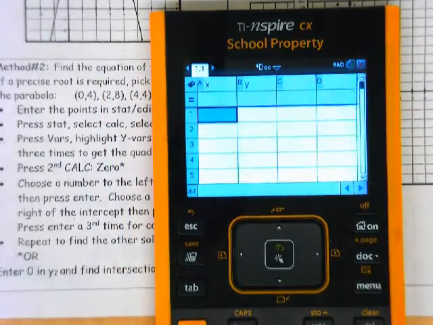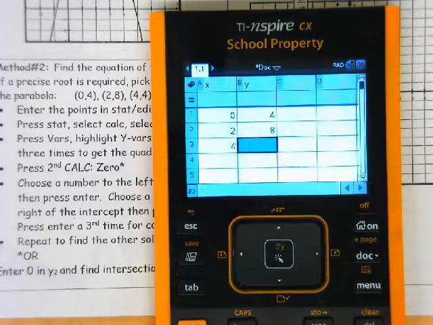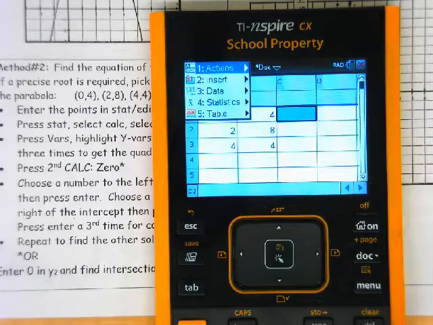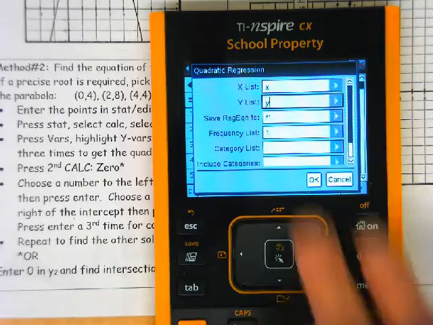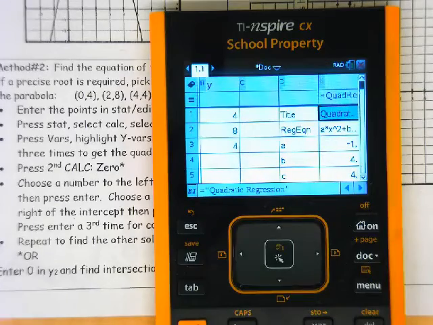Well, you didn't put your X and your Y in. So 0, 2, and 4, those are X values. 4 and 8 and 4 are Y values. And then we do menu, what? 4, 1, 6, X and Y. Some of y'all are arrowing all the way down to OK, but if you just hit enter twice, it will do it for you.